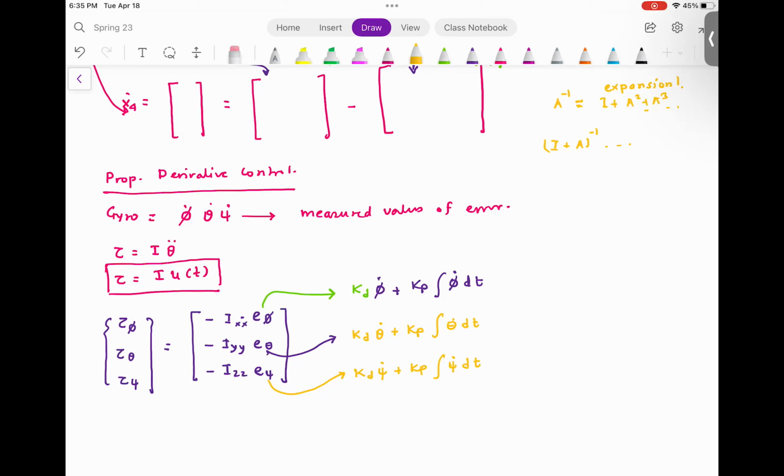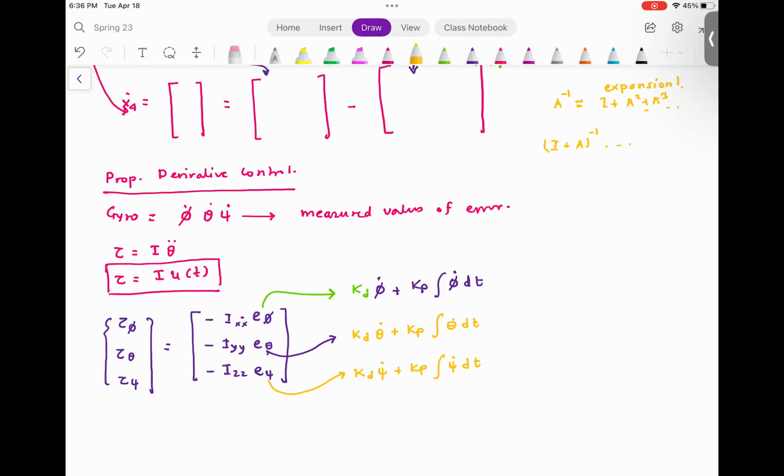So whatever value I get from the gyroscope, I multiply that by Kd because it's a rate. Whatever value I get from the gyroscope, I integrate and multiply that by the gain Kp because that is the value of the angle. Everyone understood this?